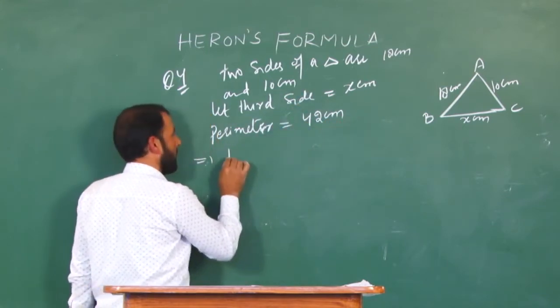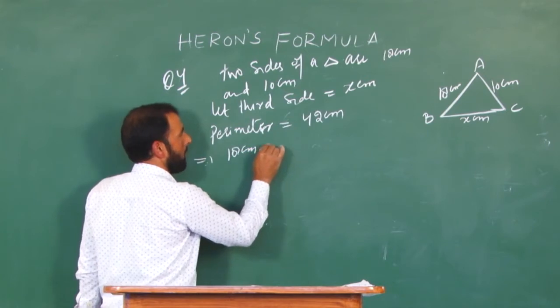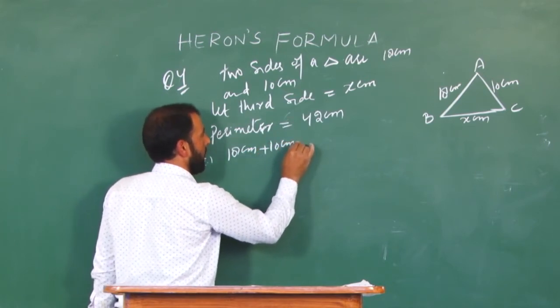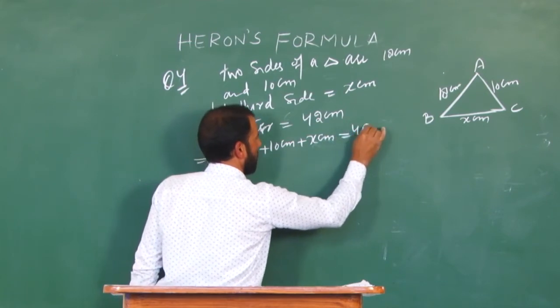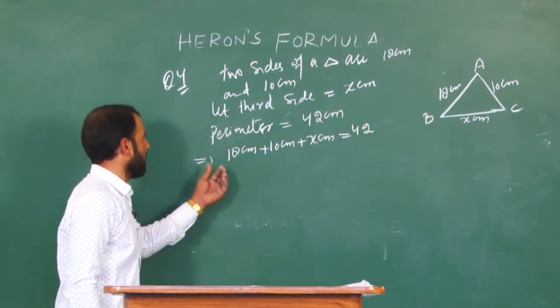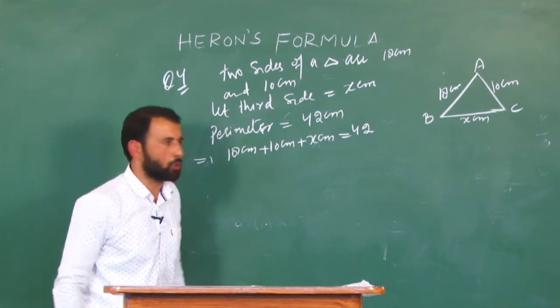All sides: 18 centimeter, plus 10 centimeter, plus third side x centimeter. The sum is equal to 42. Then 18 plus 10 equals 28.